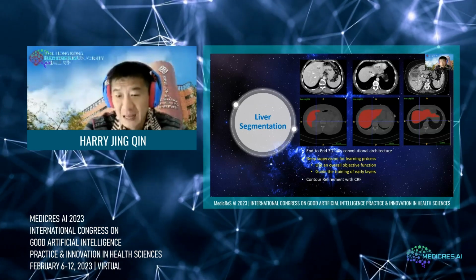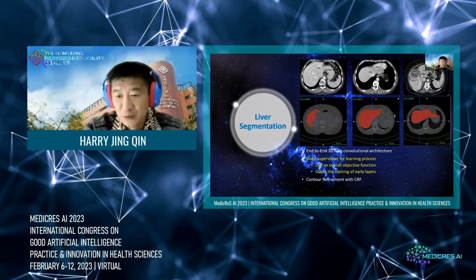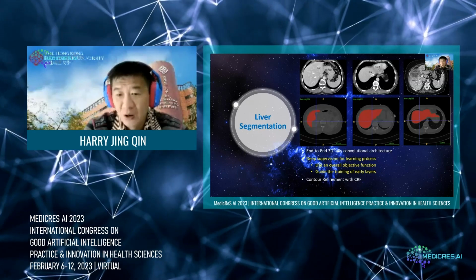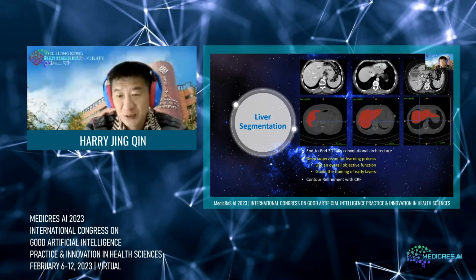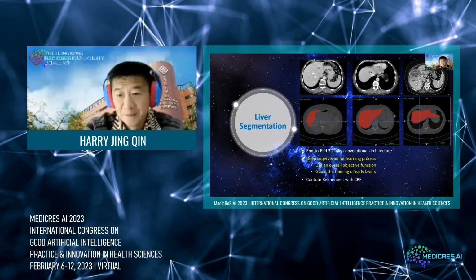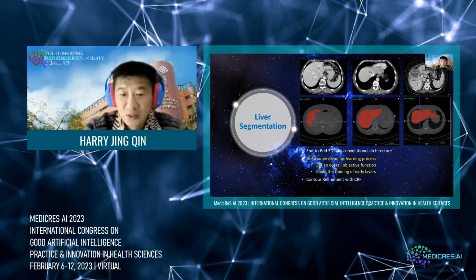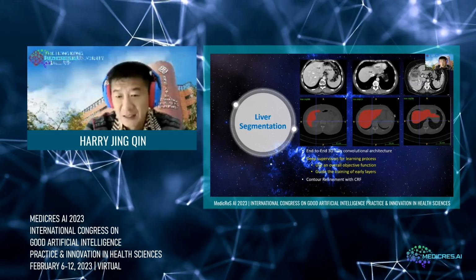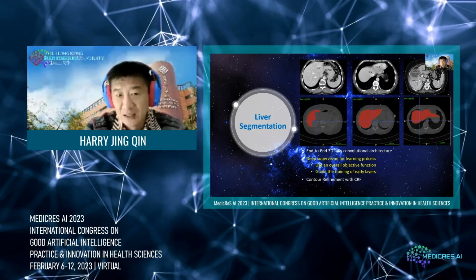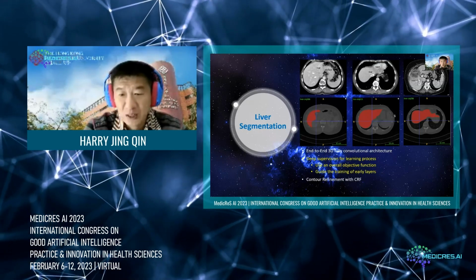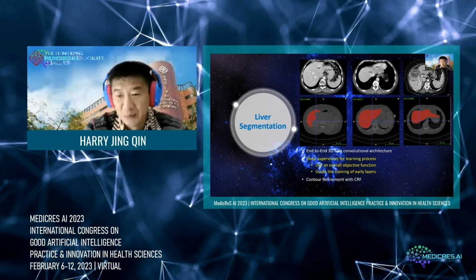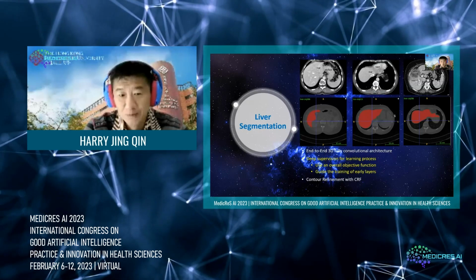So we developed an end-to-end 3D fully convolutional architecture to tackle all these tasks. Particularly, we introduced a deep supervision mechanism for the learning process, using an overall objective function to guide the training of early layers. We further propose a contour refinement algorithm to refine the results.